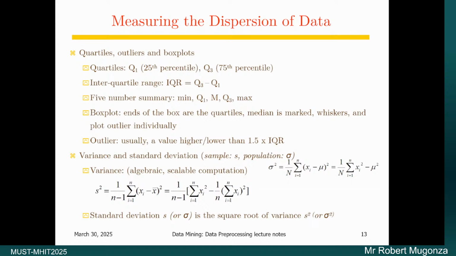Variance and standard deviation are those two core measures that help us get this particular view about the data that we have. So you can have the population variance, sample variance, algebraic variance, and then you can have the standard deviations for the sample and population.